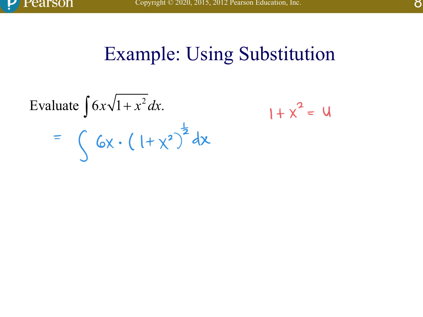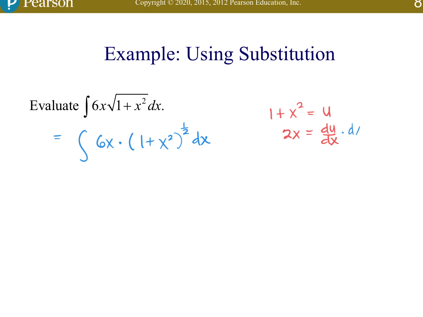That's my pre-work. So now I want to do the derivatives here. What is the derivative of 1 plus x squared? I just gave it away. All right, 2x. And then on the other side, we have du dx. I need to manipulate that so that dx is alone. I'll show my steps here.